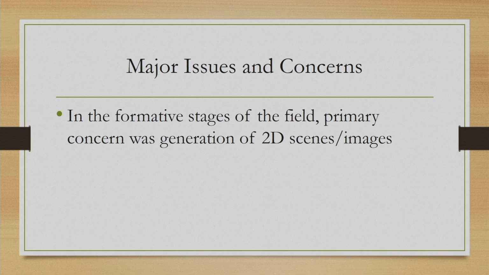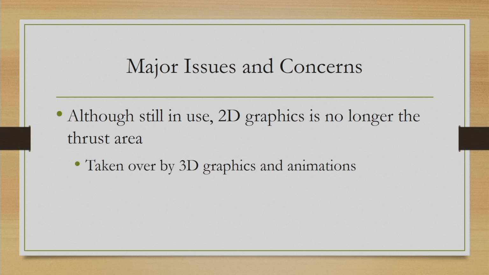Now, in the formative stages of the field, the primary concern was, as we all know, generation of 2D images or 2D scenes. But again, as we have already discussed, that subsequently changed, and 2D graphics is no longer the thrust area; nowadays we are mostly focused on the generation of 3D graphics and animation.